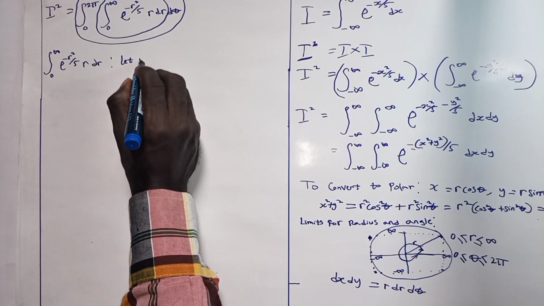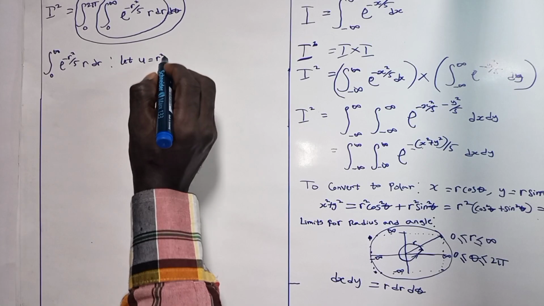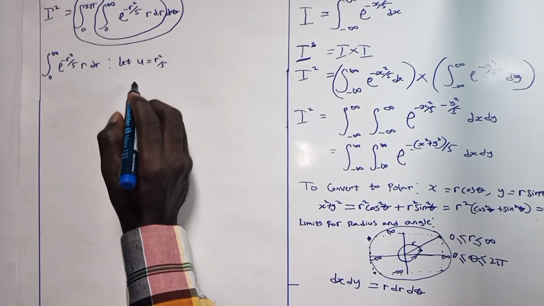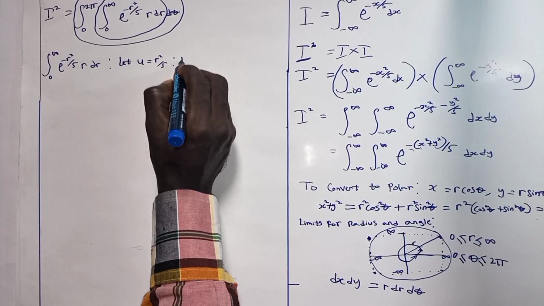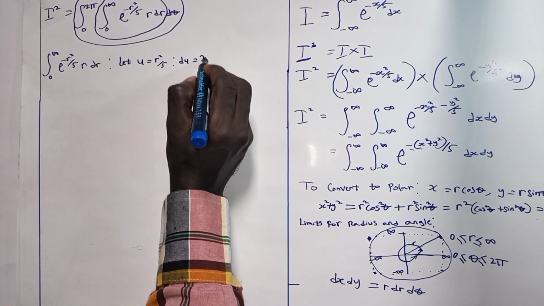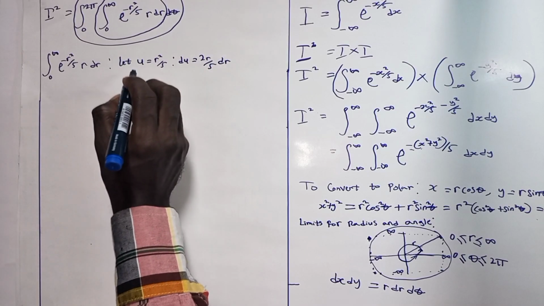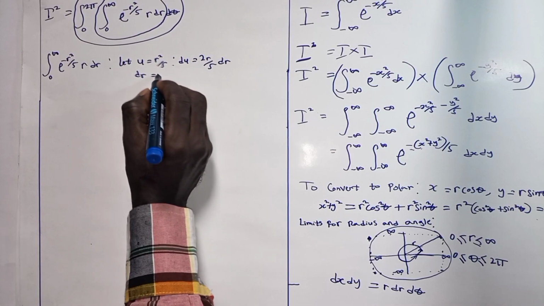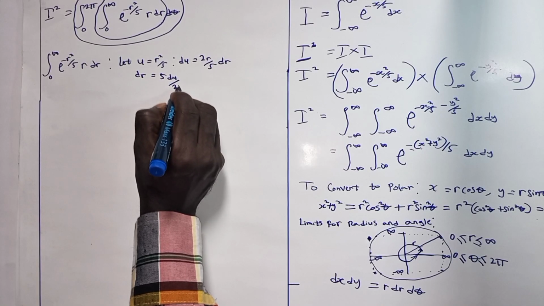Let u equal r square over 5. So what we just need to do is differentiate. The du becomes 2r over 5 dr, which gives us dr to be 5 du over 2r.